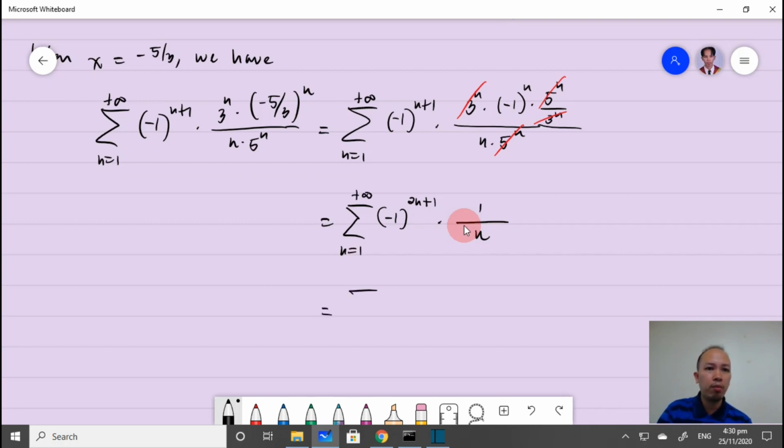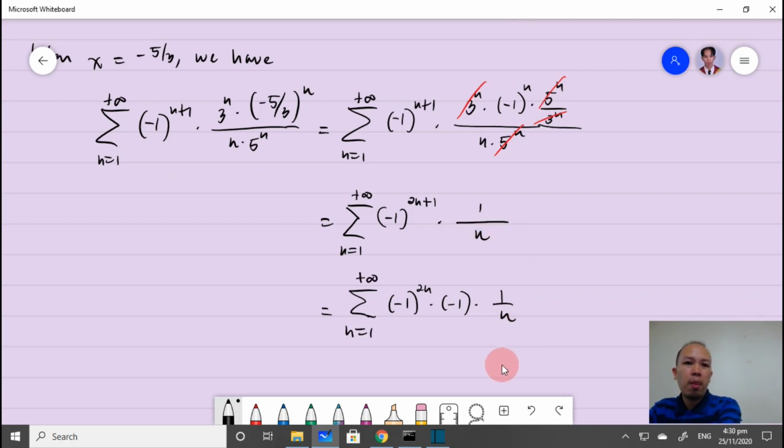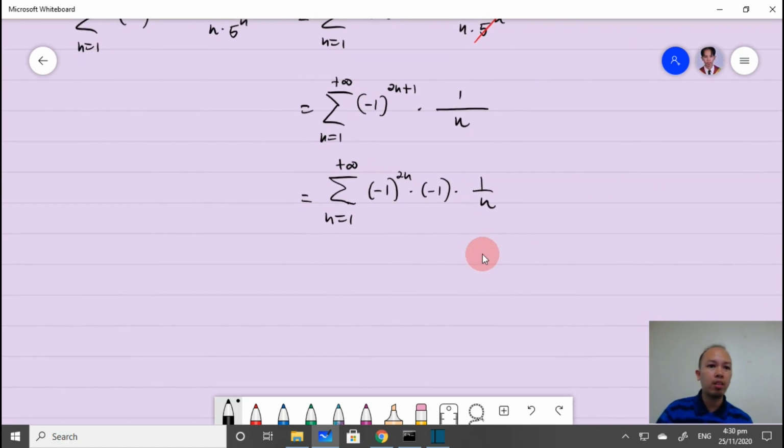Okay, further simplify this one here. We have negative 1 to the 2n times negative 1 times 1 over n. n starts from 1 to positive infinity. So what will happen here? Notice that this is always equal to negative 1. No, positive 1, sorry. Positive 1.